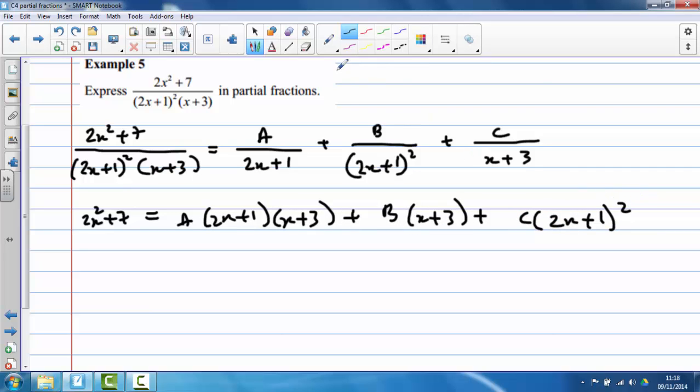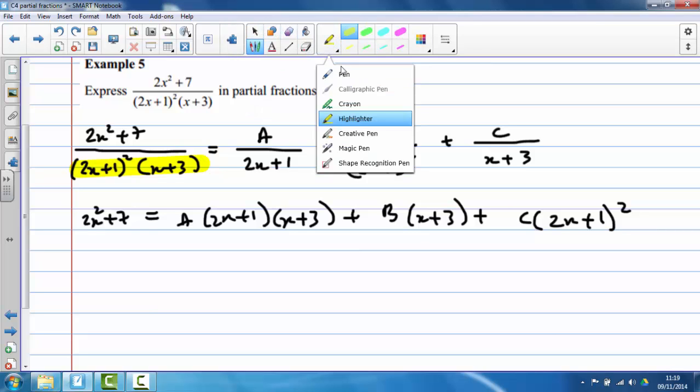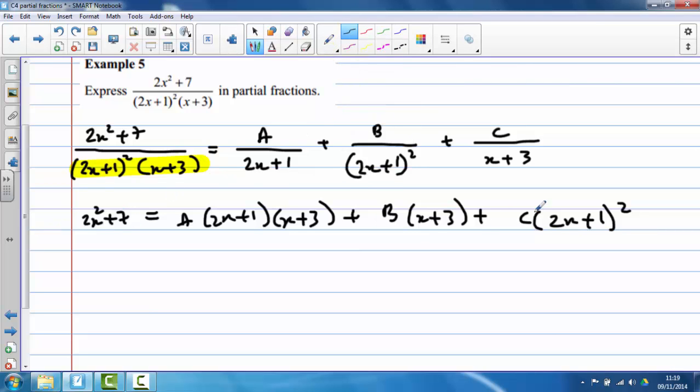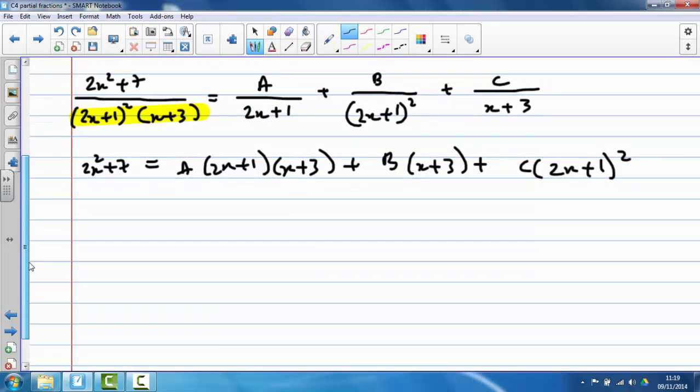So what we've basically done is to multiply through by the denominator over here, and then it's got rid of the fraction form and put it in an equation as so. And now we just need to substitute various values for x.